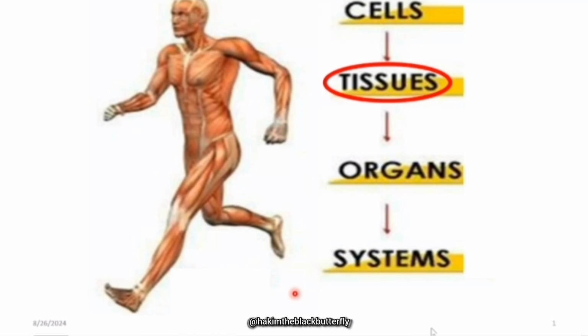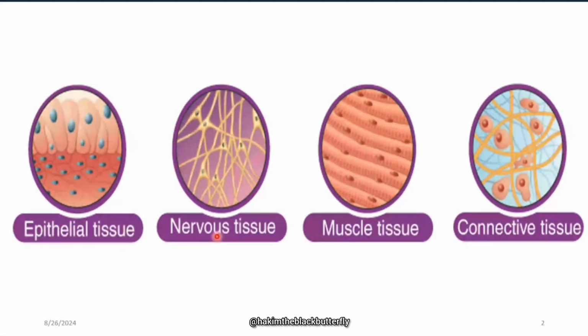So these tissues within your body, there are only four. We have the epithelial. These are tissues made up of epithelial cells, as you can see here. Then nervous tissues, they are made up of nerve cells.